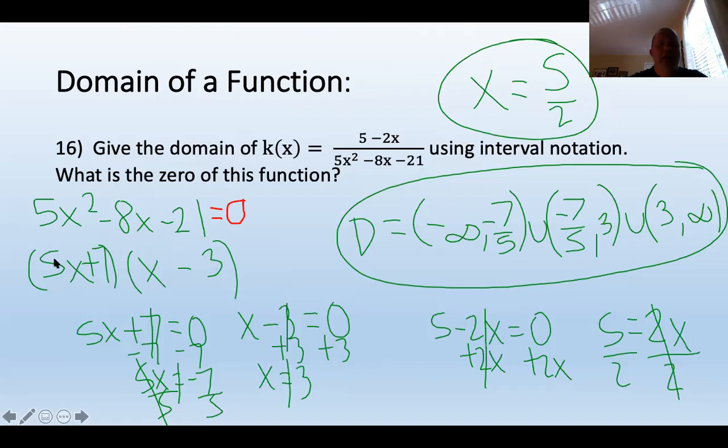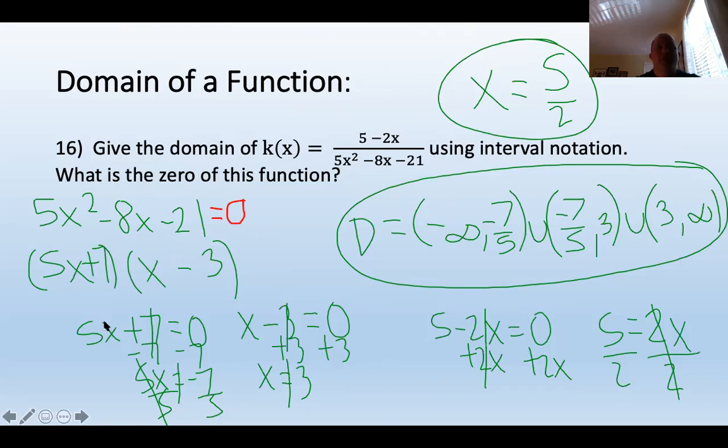And the reason for that is because when I multiply my outer terms, 5x times negative 3 is negative 15x. And the inner term, 7 times x is 7x. Then negative 15x plus 7x would be negative 8x, which would equal the middle term. So this is the correct factorization.